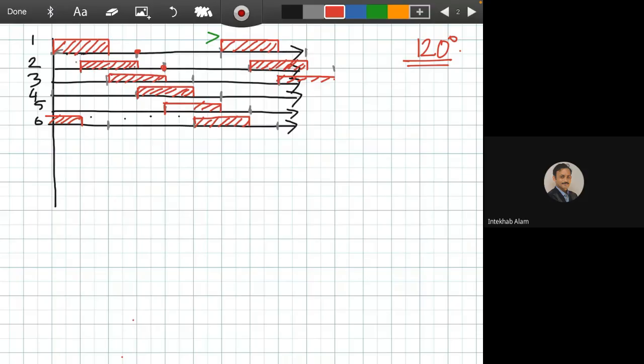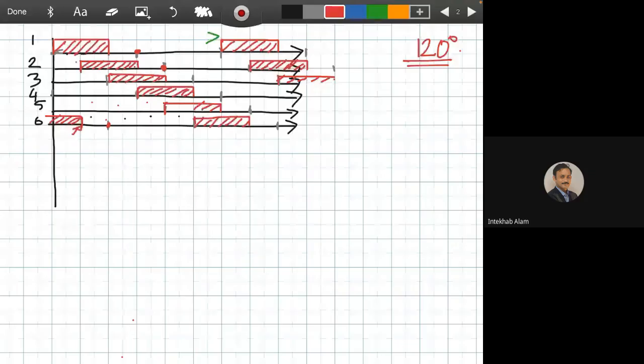Understand these points, why the 6 is up to here. 6 should remain on for 180 degree, it's here, but since we have 120 degree conduction in this case, it will go to here. I am drawing an arrow, but so what will be the switch for mode 5? 1, 2, 3, 4. So it will turn off at this point. Okay. So do we have any question regarding these points?